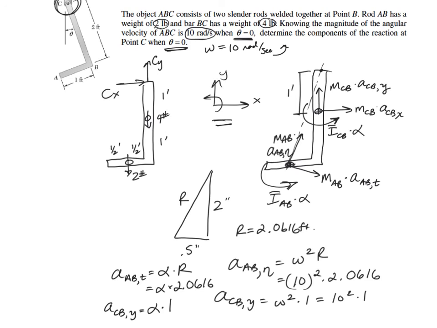And I'll also identify an angle here. I'm going to call that angle beta. So the tangent of beta is 0.5 over 2, giving me that beta is about 14 degrees. And again, that's going to show up right there as 14 degrees. And again, also right there.